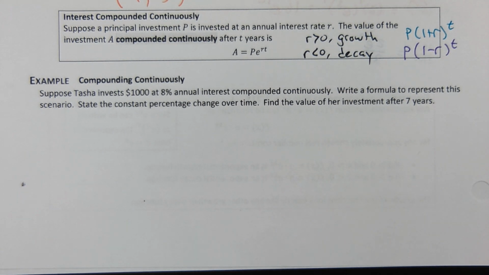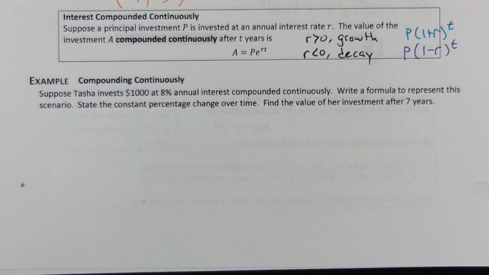Suppose Tasha invests $1,000 at a magic bank because they are offering 8% annual interest, compounded continuously. This is definitely a unicorn bank. They don't exist, okay? Right, first, part A of this question is write a formula that represents the scenario.